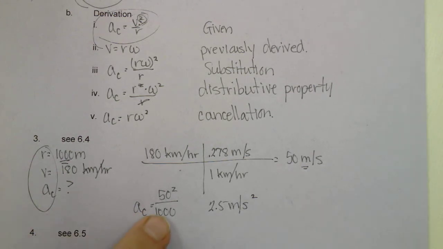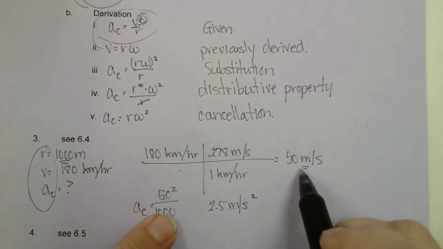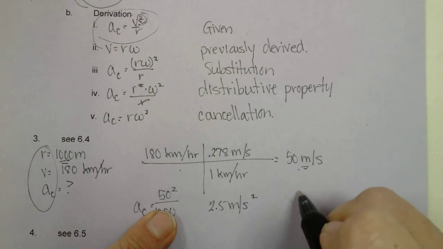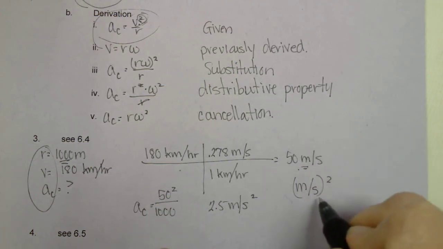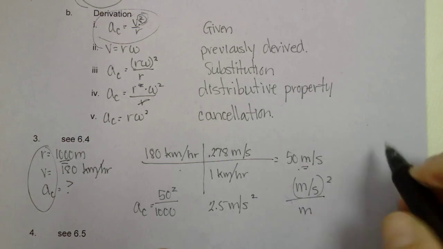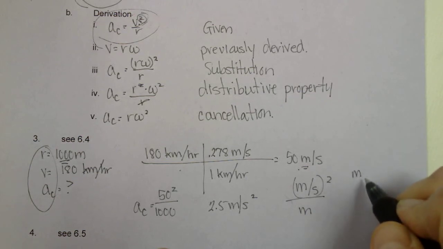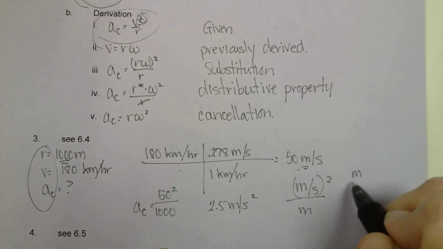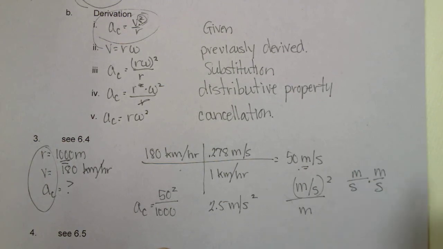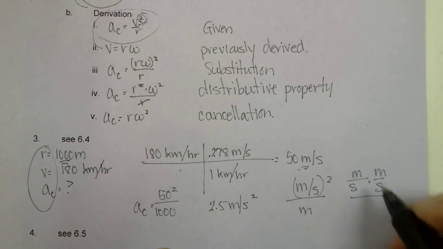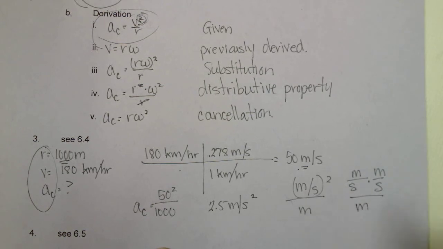Now let's work through the units for this. For my v, I have meters per second, and that's going to be squared all over meters. So I end up having meters per second times meters per second all over meters.